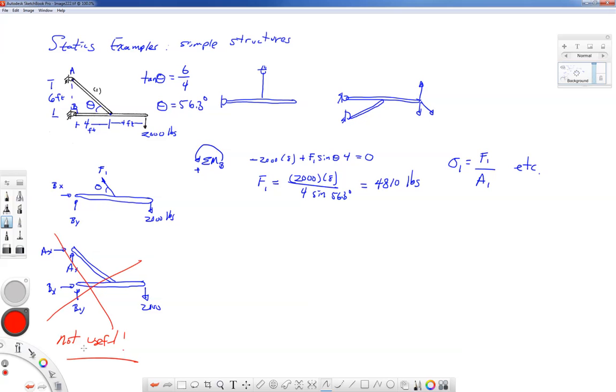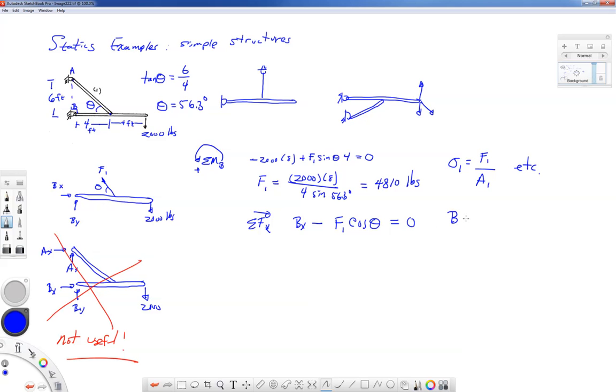Now, if I wanted to find the shear stress at pin B, let's talk about how to do that. I would need to first find Bx and By, so let's go ahead and find those. If I would do the summation of forces in the x direction, I would have Bx minus F1 cosine, I'll call it theta, equal to 0.